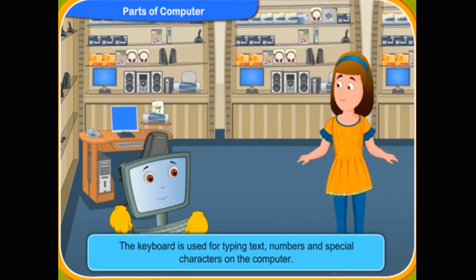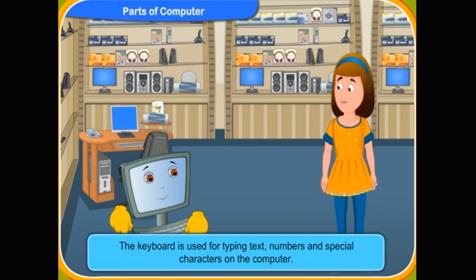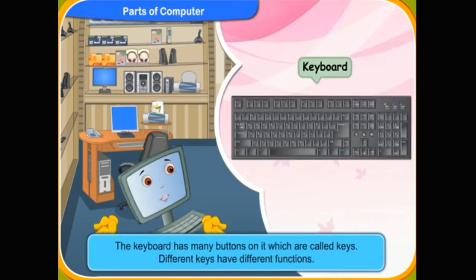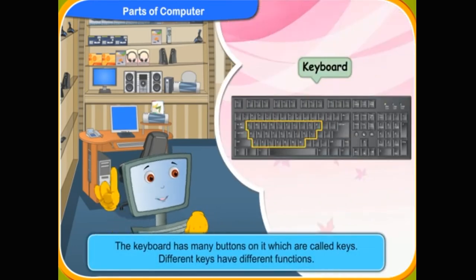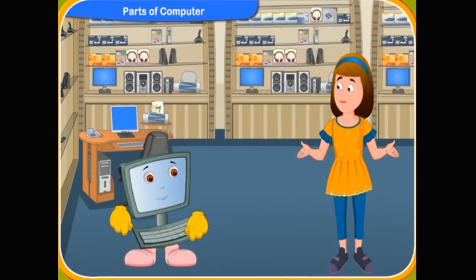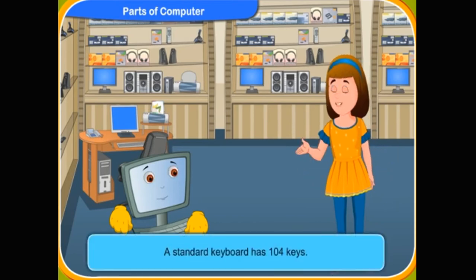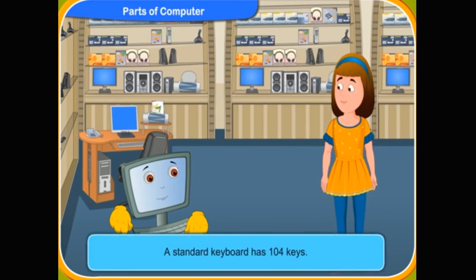The keyboard is used for typing text, numbers and special characters on the computer. Yes, Rini. The keyboard has many buttons on it, which are called keys. Different keys have different functions. Yes, I remember that a standard keyboard has 104 keys.